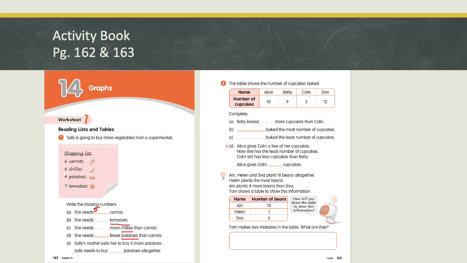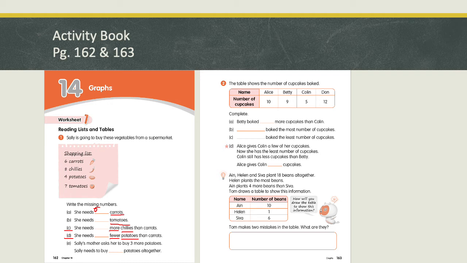So for this one and for C and D, you have to pay attention to more and fewer. So A and B, you're only looking for the number of carrots and the number of tomatoes. But for C and D, you're looking to find out how many more and how many fewer.